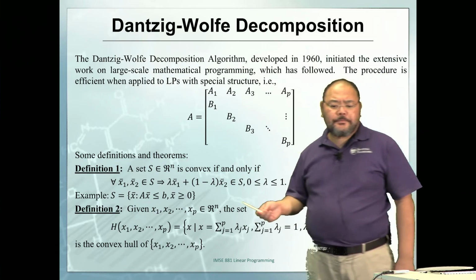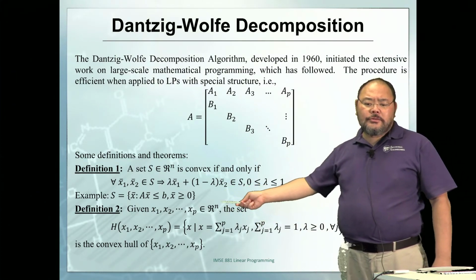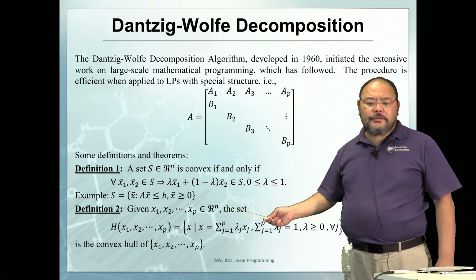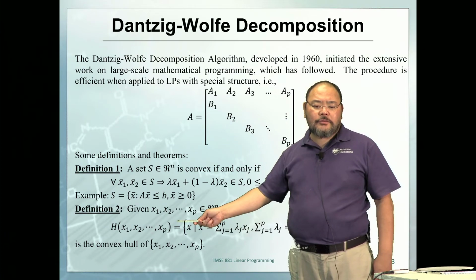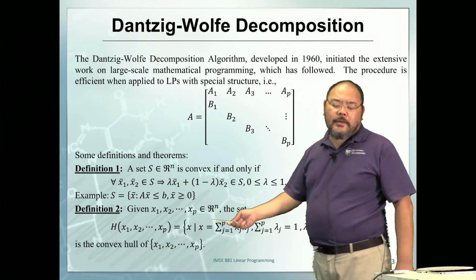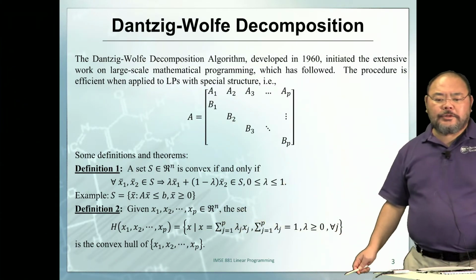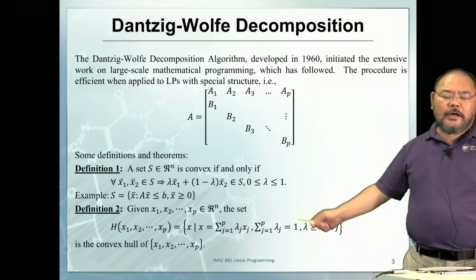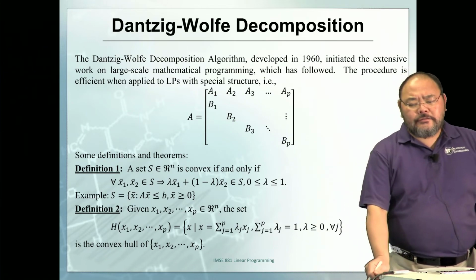Also, if x1 to xp belong to the n-dimensional Euclidean space, the convex hull constructed by x1 to xp is basically the set of convex combinations of x1 to xp, and we call this the convex hull. The convex hull definition is fairly important.